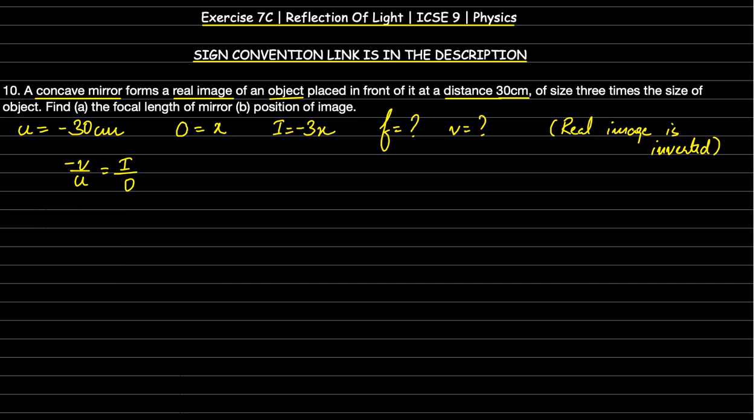Coming here, I can write minus v is equal to I divided by O into u. u goes to the other side. So we would be substituting the values. I is minus 3x divided by O is x, and u is given as minus 30.